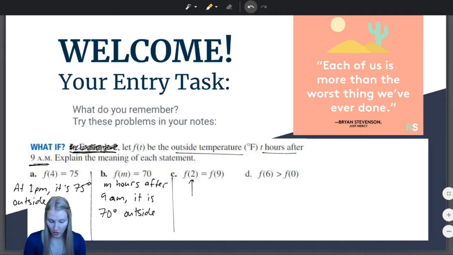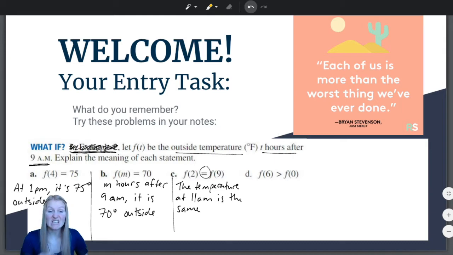F of 2 means that we're talking the temperature 2 hours after 9 a.m. So 9, 10, 11. The temperature at 11 a.m. is the same. That's what equal means.